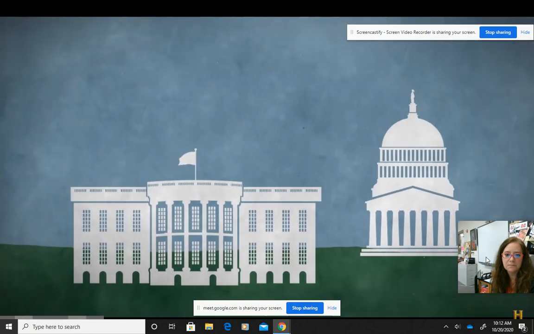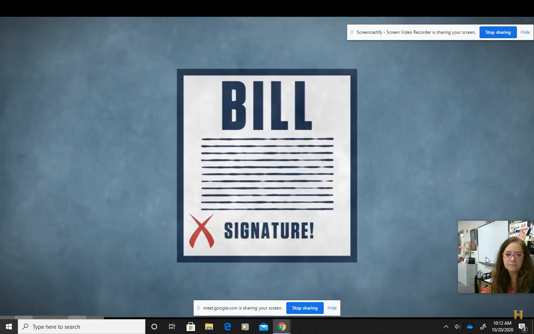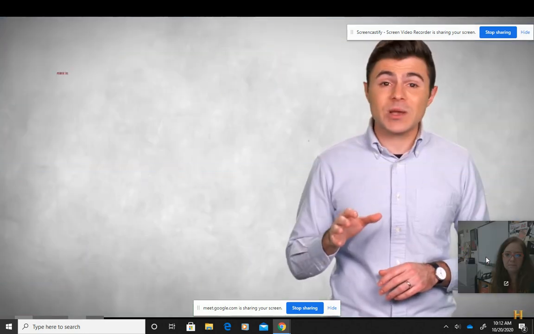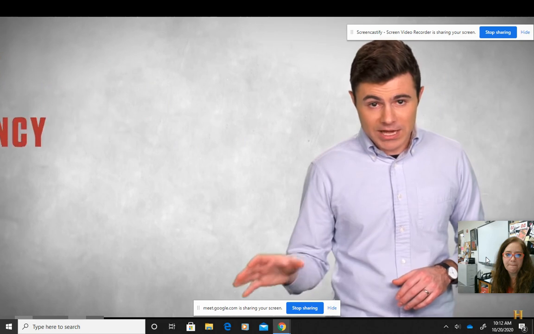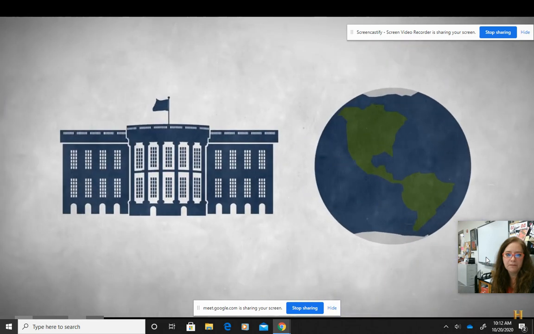But the president also checks Congress. When Congress enacts bills, the president either signs the legislation into law or rejects it through a veto. The president also has the power to pardon and grant clemencies for federal crimes, except in cases of impeachment on both the state and federal level. In the global sphere, the president serves as the nation's representative.